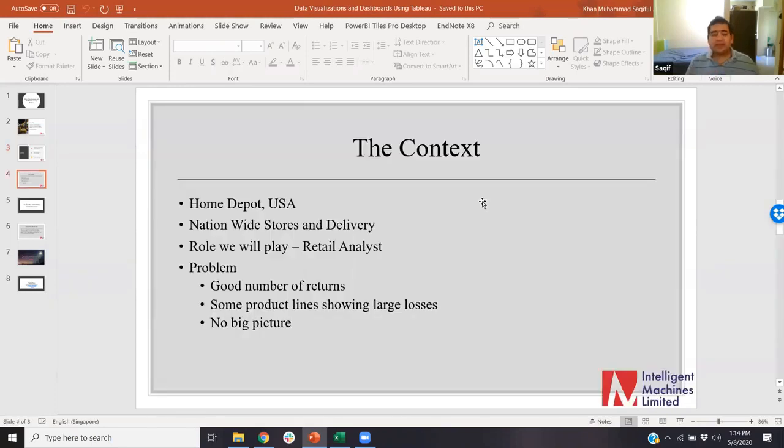So কেসটা হচ্ছে ইউনাইটেড স্টেটসে একটা বড় শপ আছে, ফার্নিচার শপ, state across different states. It's called Home Depot. Home Depot is a lot like IKEA, but a little bit more expensive than IKEA.